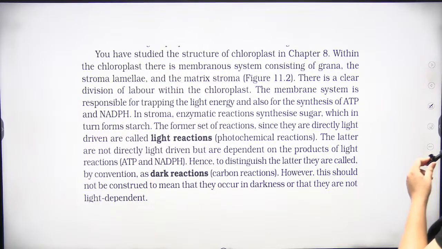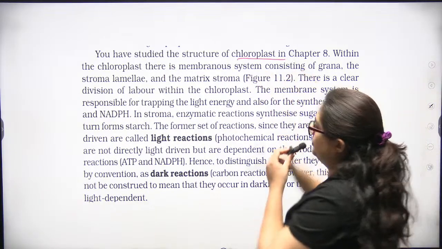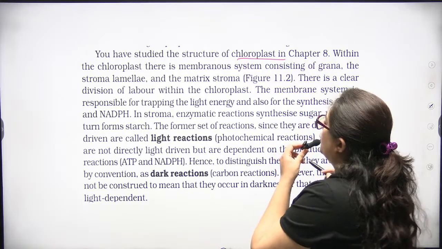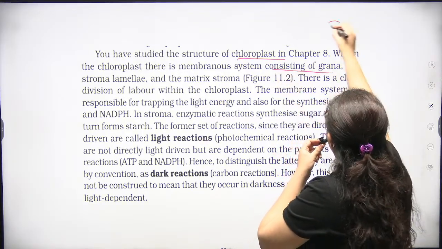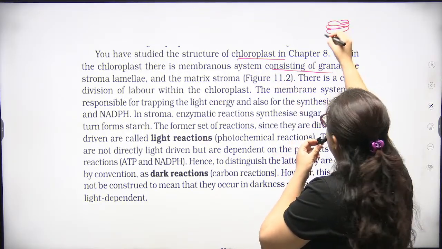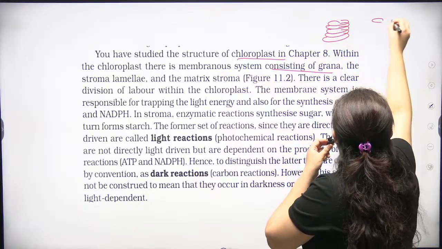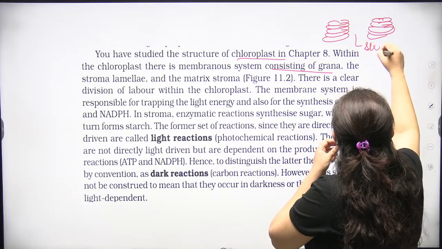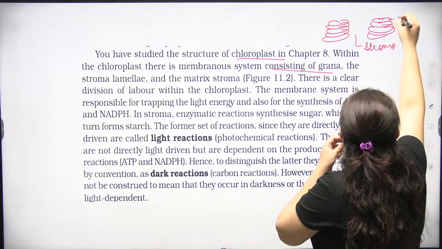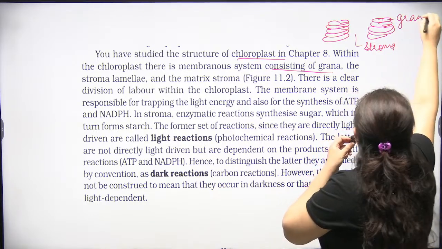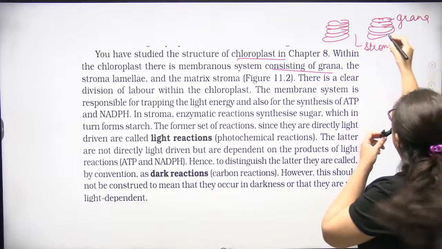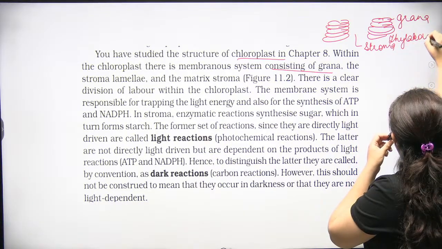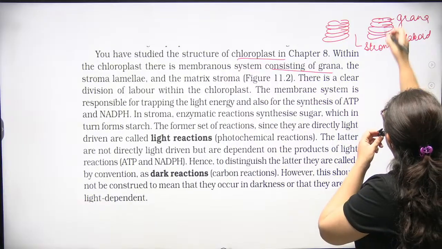You have studied the structure of chloroplast in Chapter 8. Now, chloroplast is a membranous system consisting of grana. This is the matrix, stroma, and grana, and the heaps of grana, the collection of grana, is thylakoid. Photosynthetic pigments are present over here.